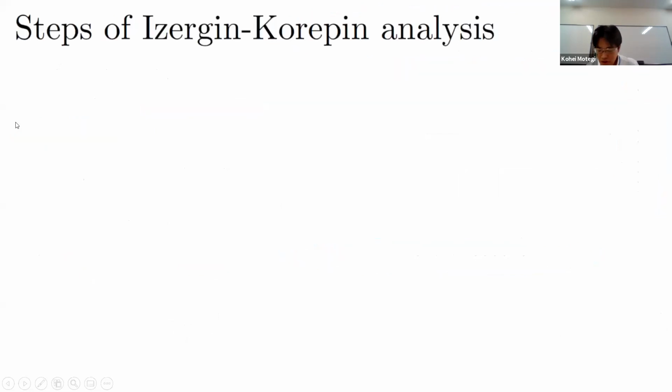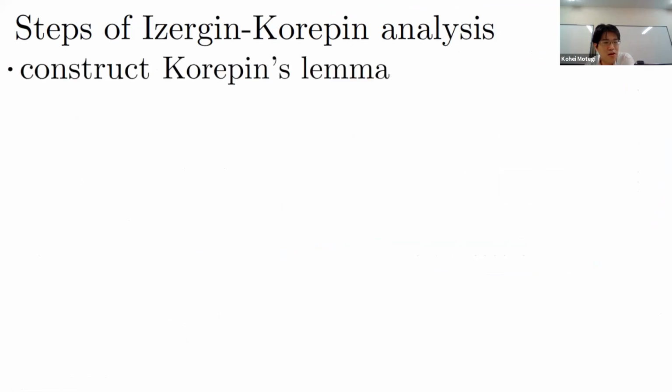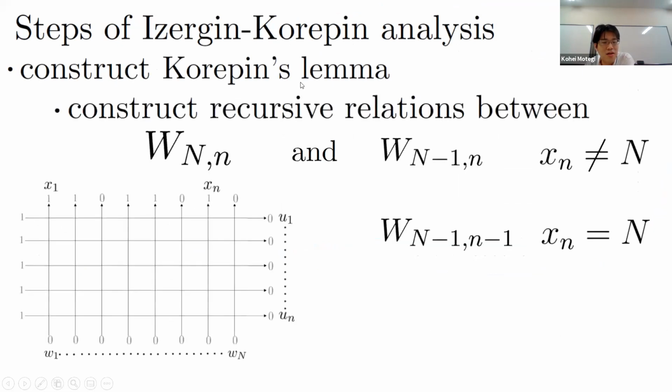And I will first explain the steps of Izergin-Korepin analysis. What you should first do is to construct Korepin's lemma. This is essentially constructing recursive relations between partition functions.